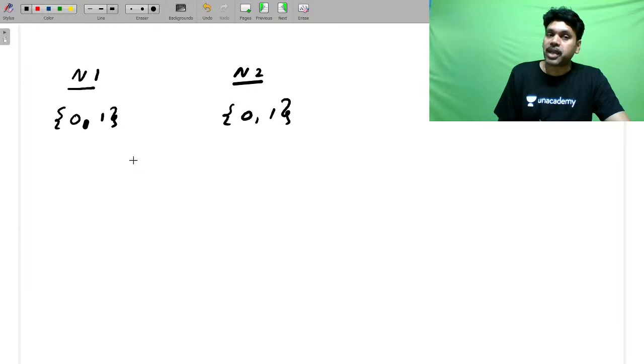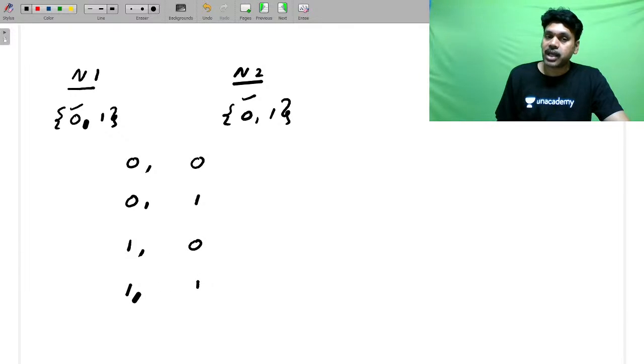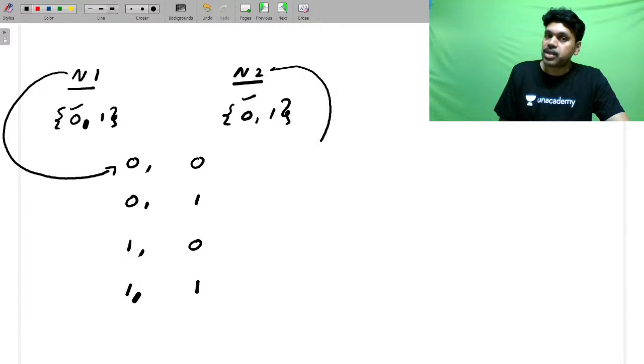Now we start the probability race: 0 and 0 combination, first slot and first slot; 0 and 1 combination, second slot with first slot; second slot with second slot, right? So if node 1 chooses slot 0, and node 2 also chooses slot 0, what will happen?